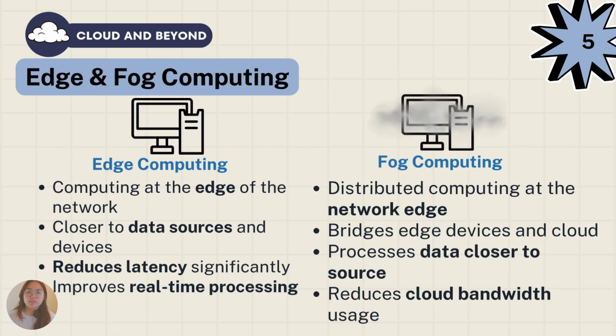Then we get to edge and fog computing. They are very closely related, and they connect to IoT and cloud computing. As I discussed earlier, I talked about latency, how fast data comes through. Traditionally, all data from IoT devices travels to a distant cloud data center for processing.